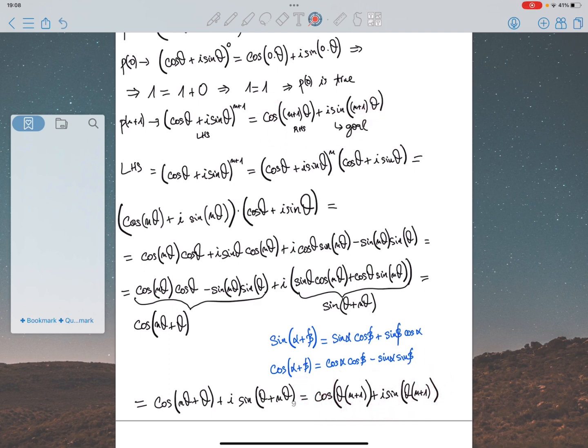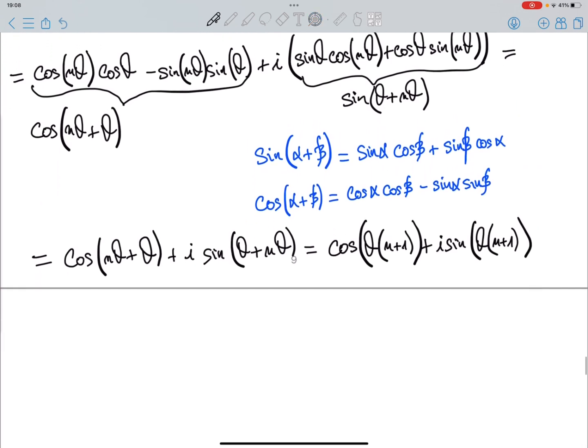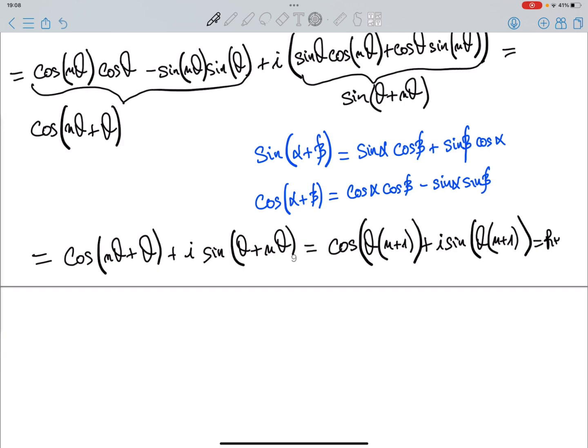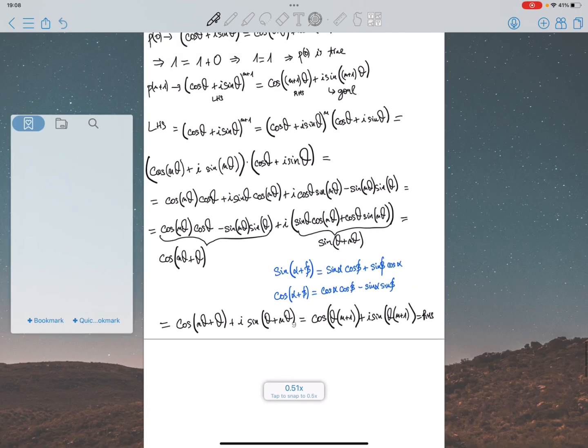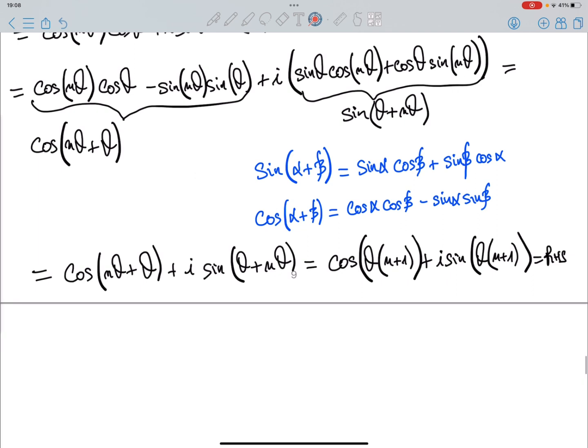So the left hand side is equal to the right hand side, which implies that P(n+1) is true.